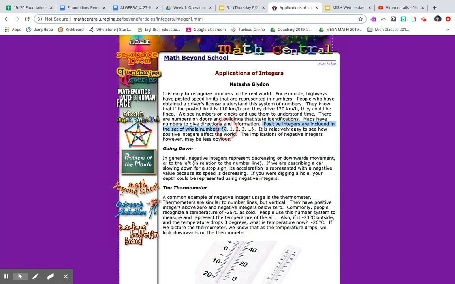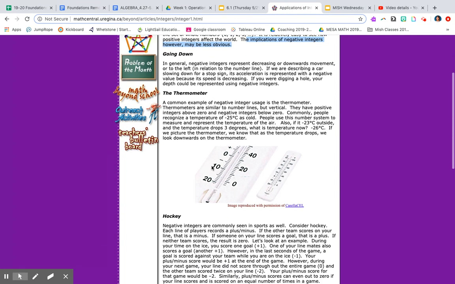Positive integers are included in the set of whole numbers 0, 1, 2, 3. It is relatively easy to see how positive integers affect the world. The implication of negative integers, however, may be less obvious. Going down. In general, negative numbers represent decreasing or downwards movement, or to the left in relation to the number line.